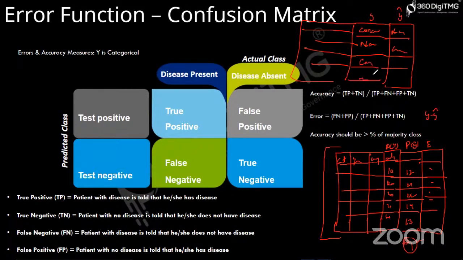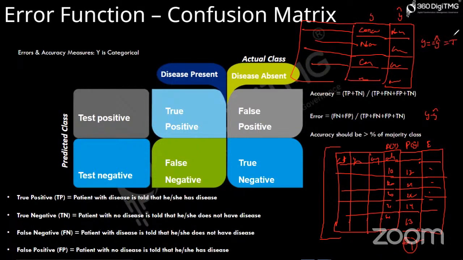So we have all these values. Sometimes it is cancer and I am predicting correctly; it is no cancer and I am predicting no cancer. What we are trying to find is a comparison: if both values, my actual value and prediction value, are the same, that will be true.